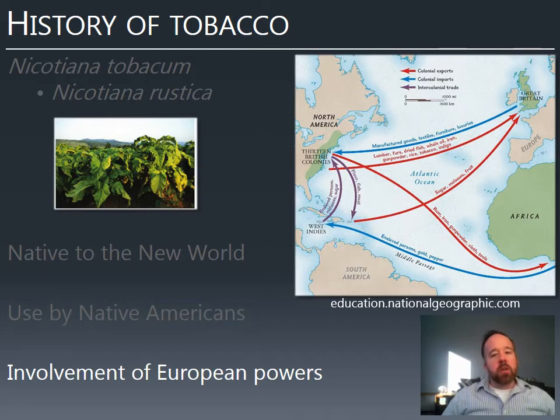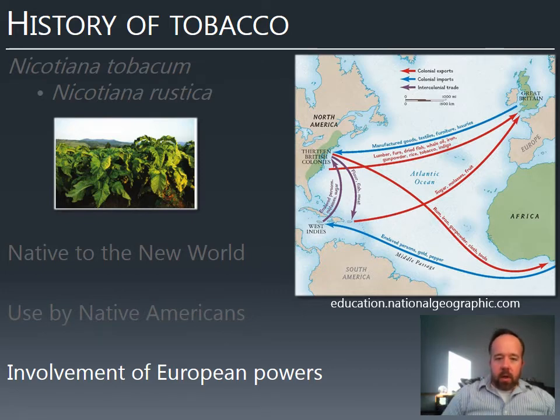And those two species of tobacco, at first, the Spanish had exclusive access to Nicotiana tabacum. But later on, the British eventually got seeds for that species and started growing it. And after a while, that was a huge cash crop for the British colonies in North America. And of course, this was an economic product, so it would be exported to Europe, where it was consumed.